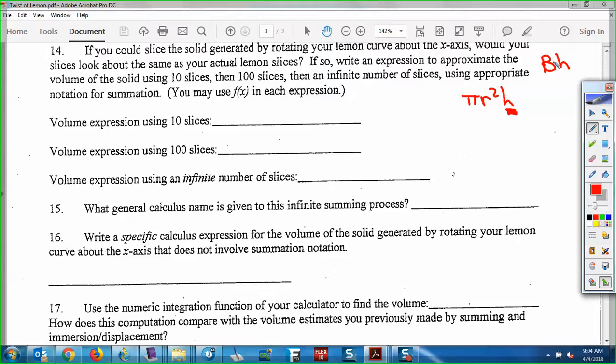Big B stands for the base area times your height, and then that gives you the volume of the prism. And so this is our area, and then this becomes our width and thickness, and that gives us our volume. So it's kind of like centimeters squared times centimeters, and that gives us our centimeters cubed, okay?